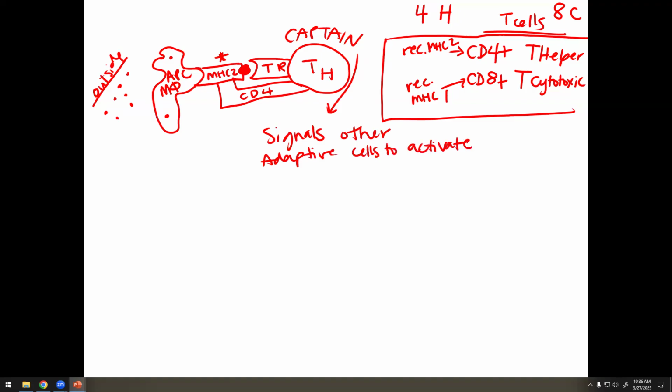So now we have interacted with our antigen that we saw, and our CD4 molecule has come up as well and done its job by verifying that, yes, this is coming from Lauren's MHC2 molecule. It's coming from outside, and I'm recognizing my specific antigen. We're recognizing that it's coming from Lauren as well.